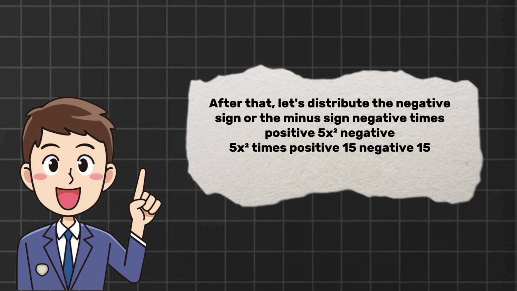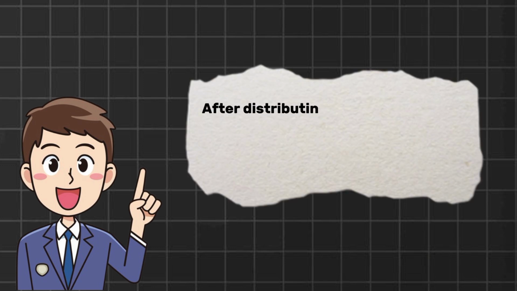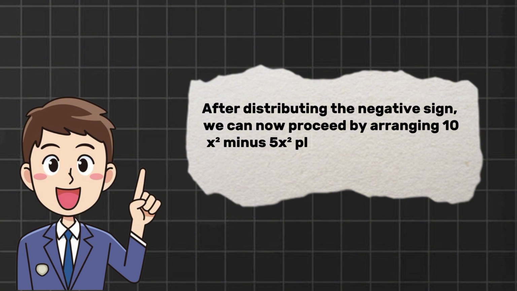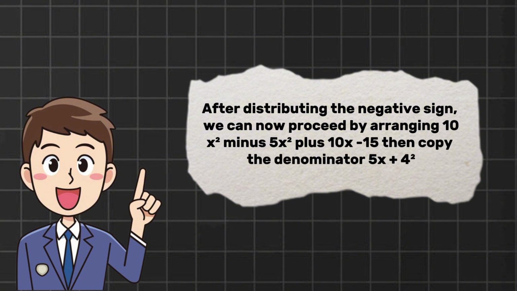Negative times positive 5x squared, negative 5x squared. Negative times positive 15, negative 15. After distributing the negative sign, we can now proceed by arranging. 10x squared minus 5x squared plus 8x minus 15, then copy the denominator 5x plus 4 squared.